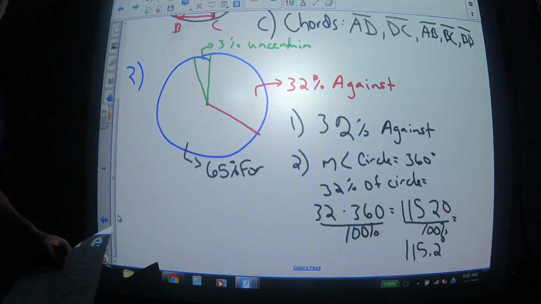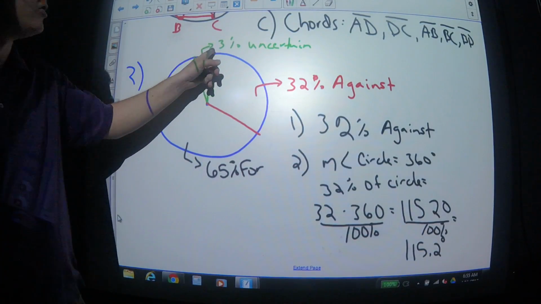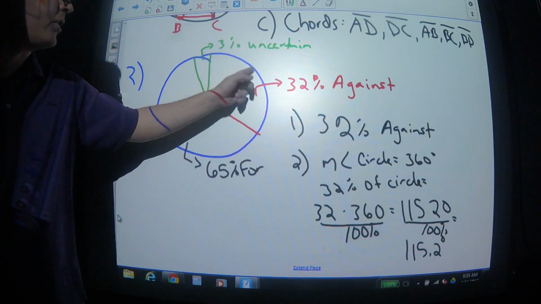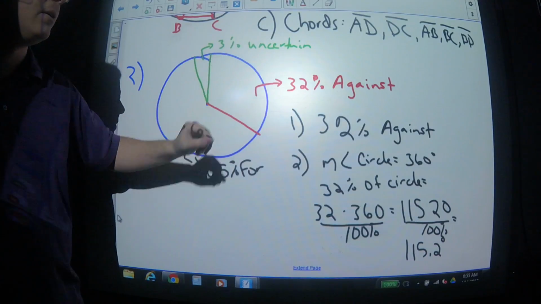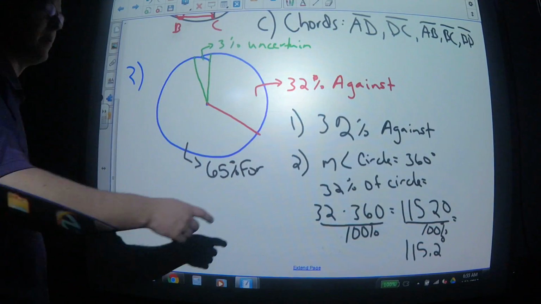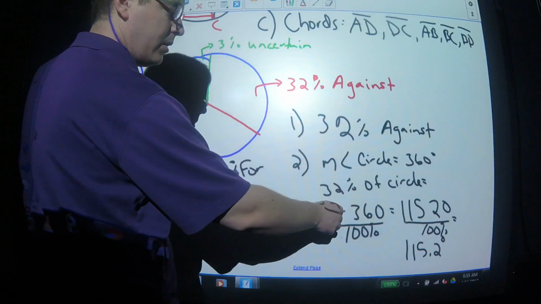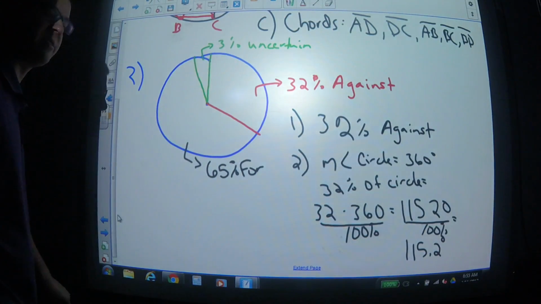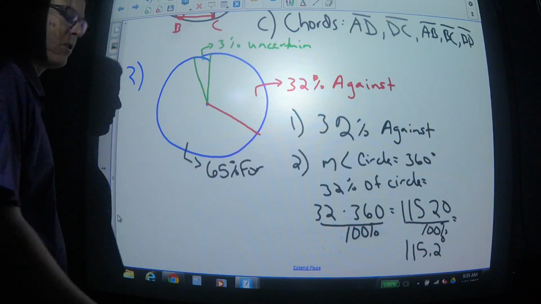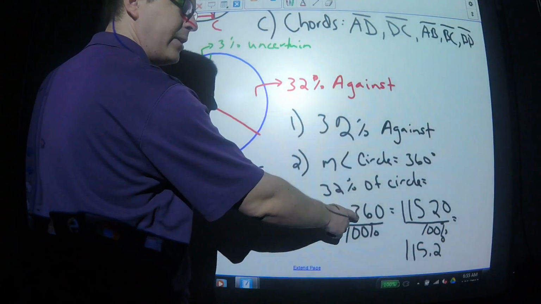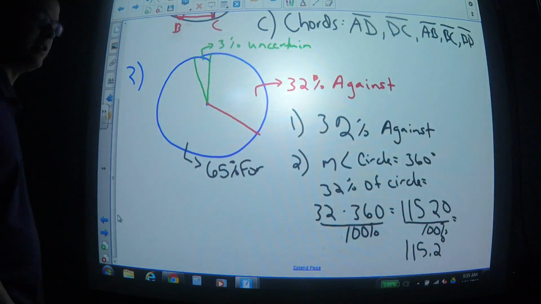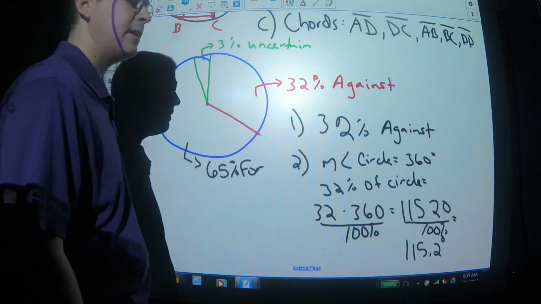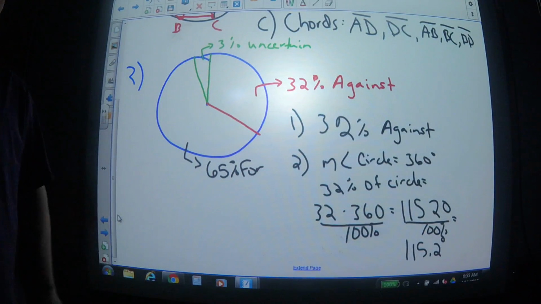So if I wanted to know what degree of the circle 32% represented, what I can do is take the measure of the angle of the circle times the percent, which is 32%. So 32% times 360, and I'm going to get 11,520.